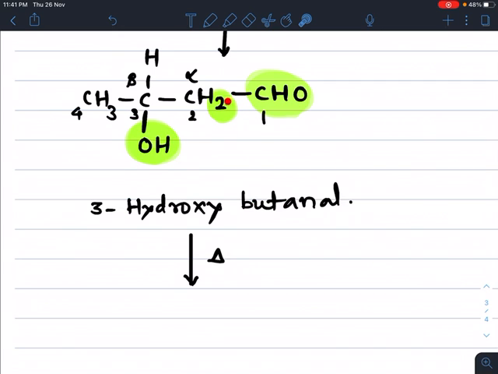So removal of H2O takes place and we get the final product.